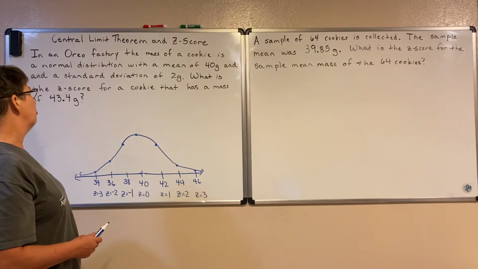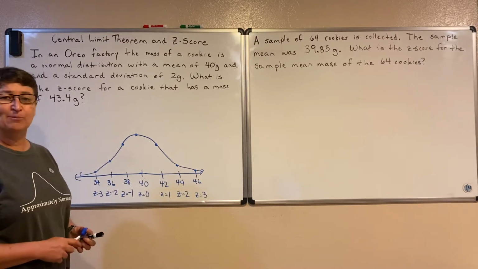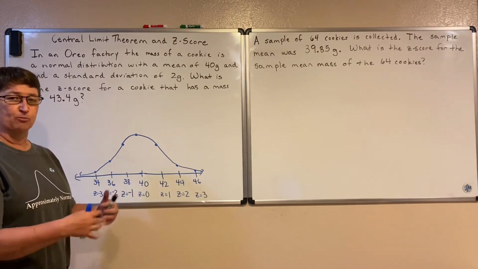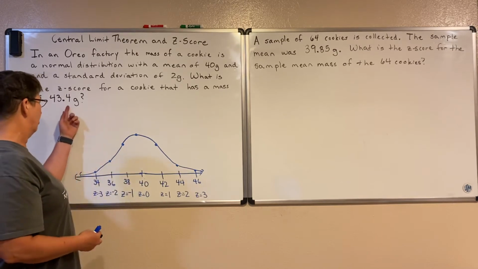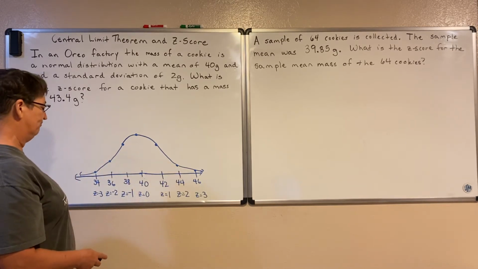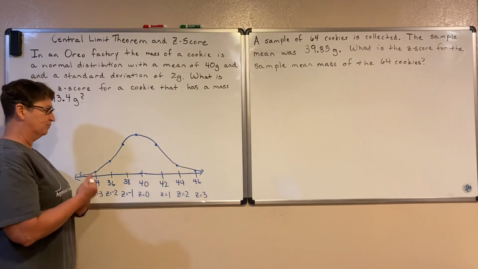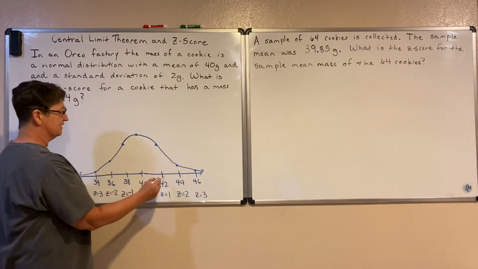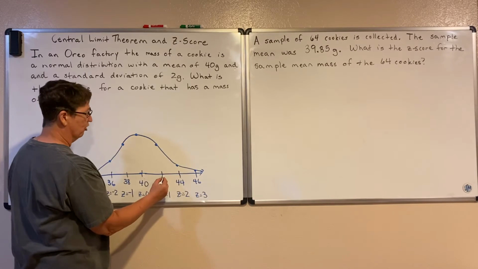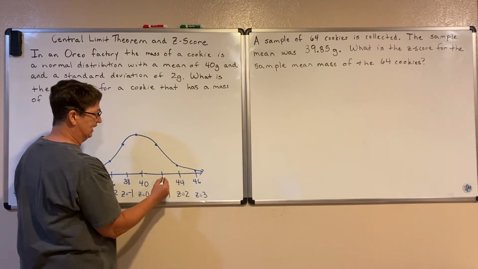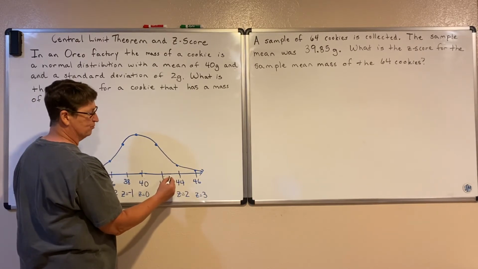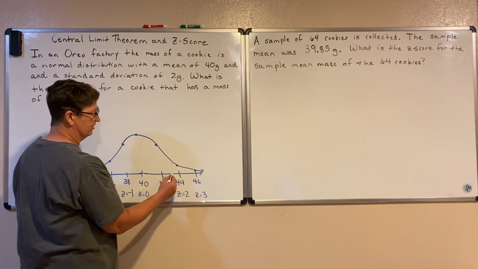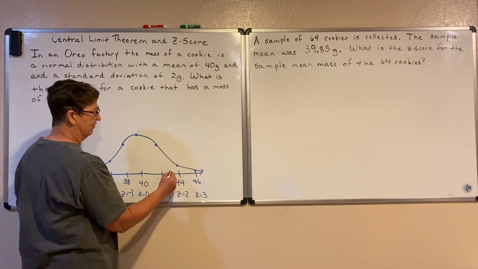We want to know what is the z-score, or how many standard deviations above or below the mean is this data value, 43.4. I can see that 43.4 would be somewhere in between here. 43 should be halfway, 0.4 a little bit over. So this is a data value that's somewhere in there.